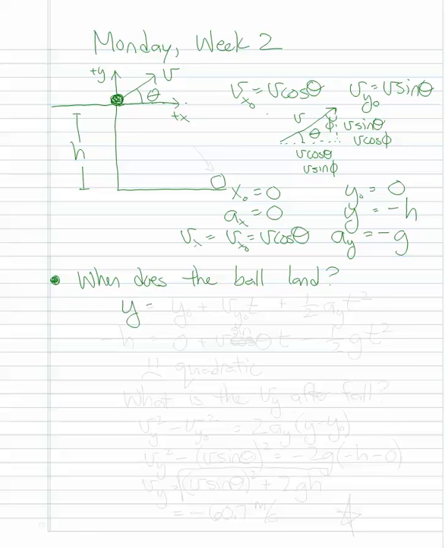So I'll say that y is equal to y naught plus v y naught t plus 1/2 a y t squared. So I know that the final is minus h when it lands. The initial was 0. The initial velocity is v cosine theta times time, and now it's 1/2, and the acceleration is g. It's minus, so I'll put the minus up front, t squared.